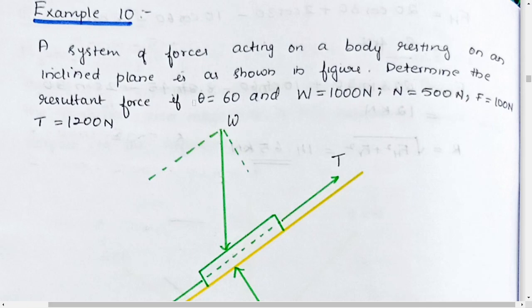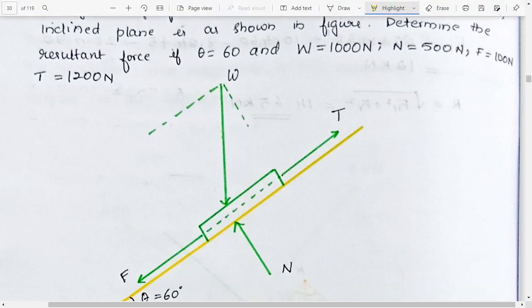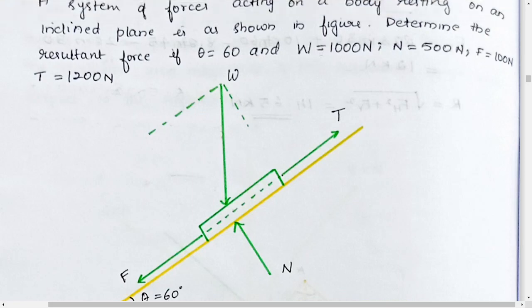We need to determine the resultant force if theta is equal to 60, W is equal to 1000, N is equal to 500, F is equal to 1000, T is equal to 1200 Newton. So we are given all the things. So I'll just draw this.